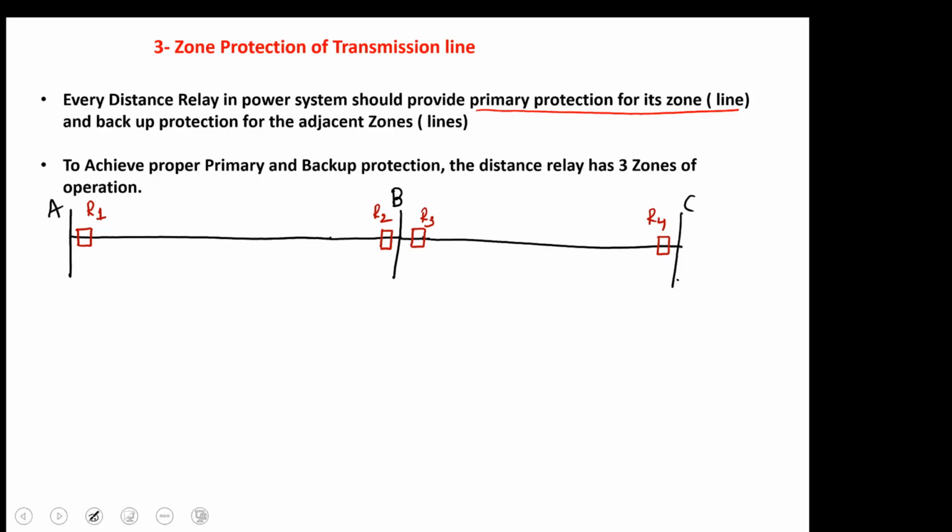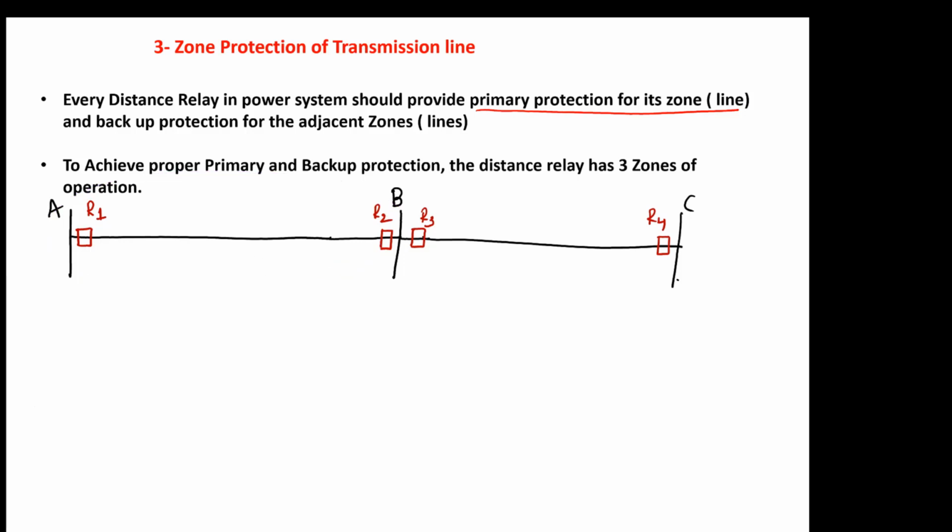So zone 1 means immediate protection. What is the zone of relays R1 and R2? It should protect this line basically. The zone of R1 and R2 is the transmission line AB. It should protect any fault occurring in this line.